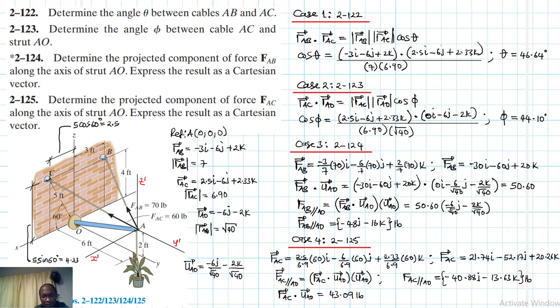Let's outline the solutions. So we have the angle in the first case. This is the angle between the two cables, and then this is the angle between the cable AC and the strut, and then we have projected component there. We have this part, that other part is too long, so FAB dot UAO, we say this equal to 50.60 pounds.